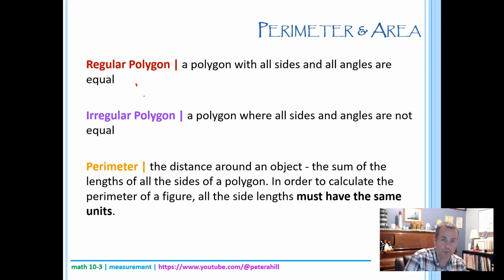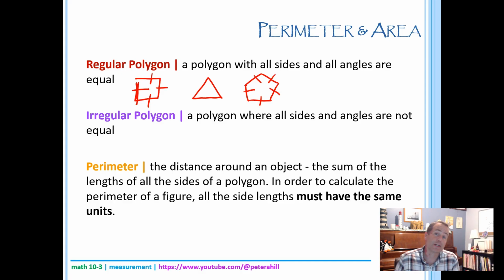Okay, so if we did a regular quadrilateral, all sides and angles are equal, and we know that to be a square. If we did a regular three-sided polygon, that's called an equilateral triangle. If we did a regular five-sided polygon, that's called a regular pentagon.